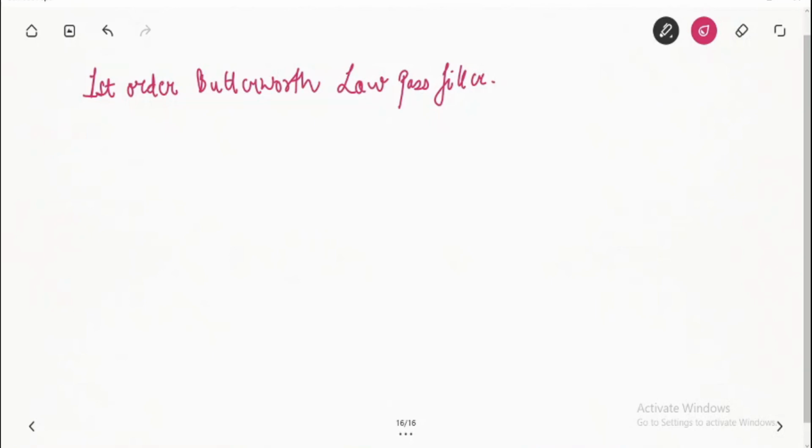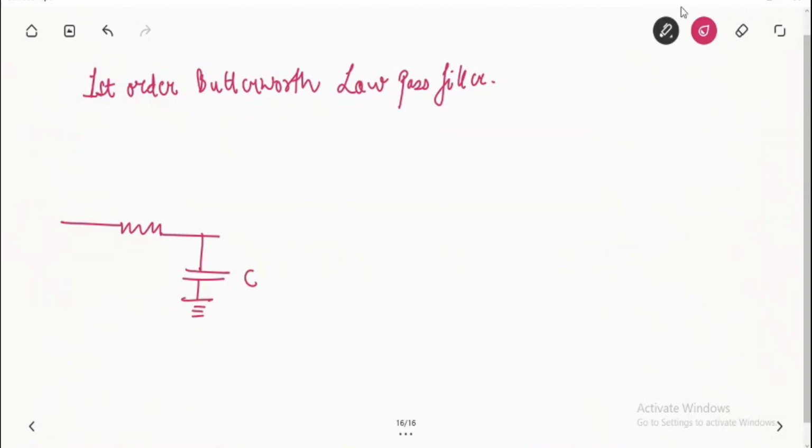So what is that? अब लो पास का सर्किट हमें बनाना चाहिए. This is R, this is your C, this is your ground. Sorry, we need a ground here. This is your ground.